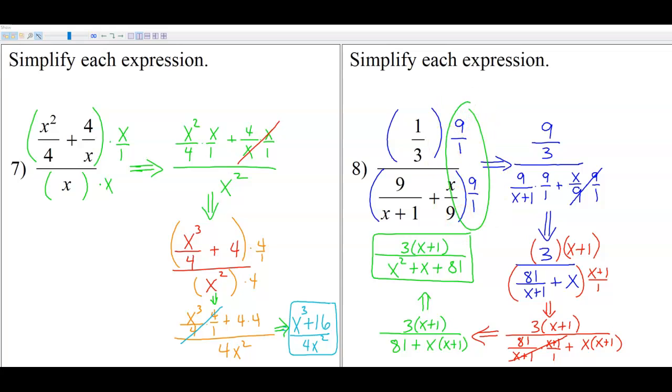Not only would it end up canceling out the 9 here, but 9 over 3 reduces into 3. So it ends up canceling out 2 fractions. But other than that, it's all pretty standard from what we've looked at.